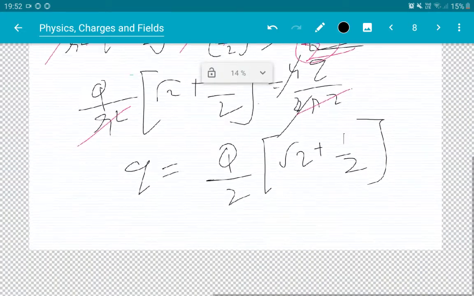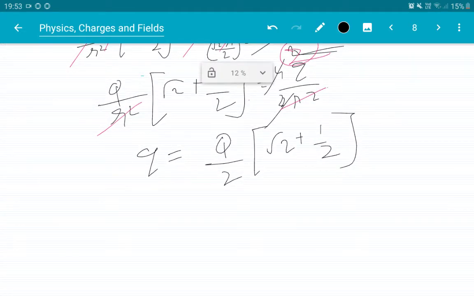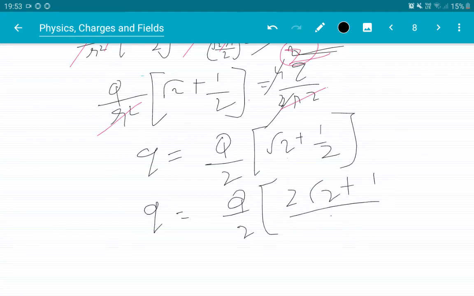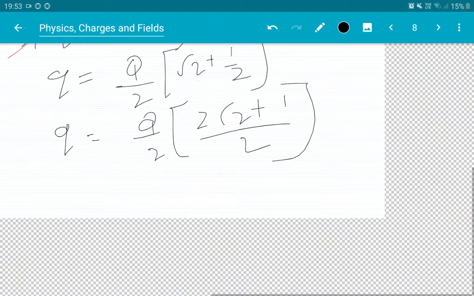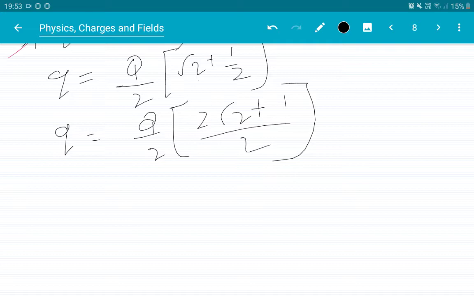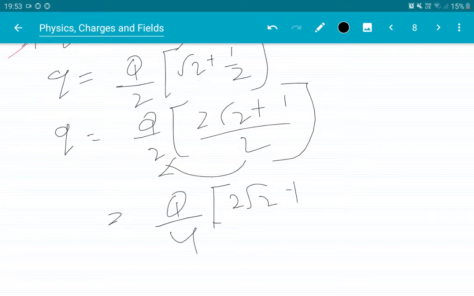We are just one step away. q is equal to Q by 2, so now 2 root 2 plus 1 by 2, so this comes here, so 2 into 2 it will become Q by 4 times 2 root 2 plus 1, with a minus.